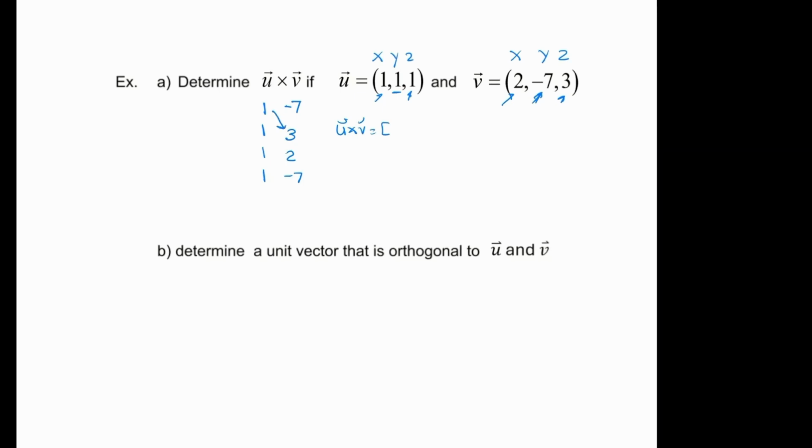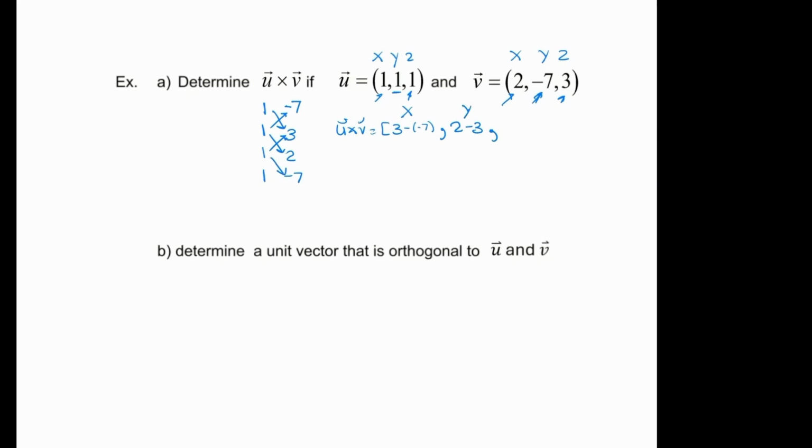So my first value, my x value, will be 1 times 3 is 3, minus 1 times negative 7, so minus negative 7. That's my x value. My y value will be 1 times 2, which is 2, minus 1 times 3, which is 3. There's my y value.